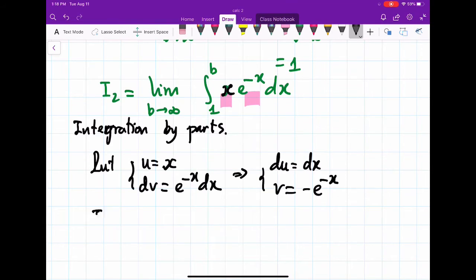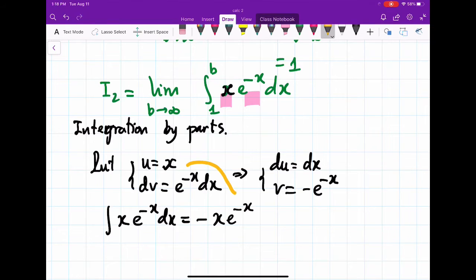Then for the integral I2, let's find the antiderivative. So the antiderivative of x e to negative x dx is equal to negative x e to negative x, right? That is uv, minus the integral of v du, right? Minus with the negative would be plus, because we have a negative in here. v du is e to negative x dx.